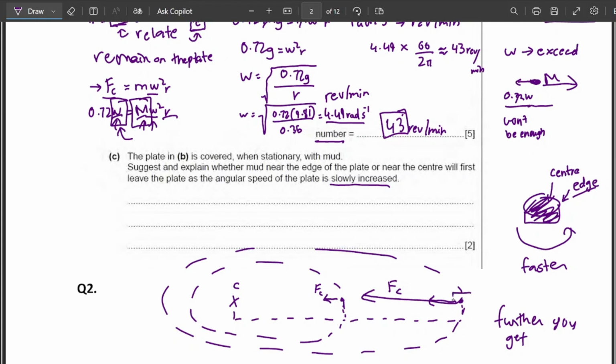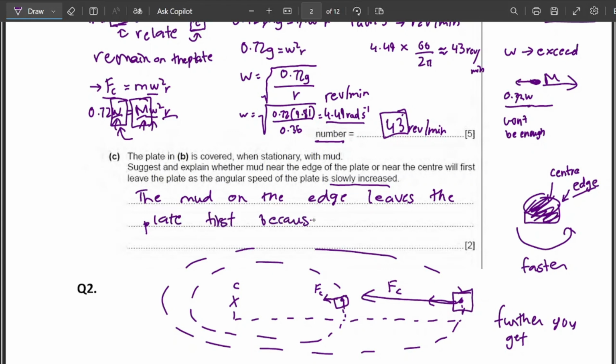So it's more likely for this mass to fall off first, because it requires a much larger force than this mass. So the answer is the mud on the edge leaves the plate first, because it requires a much greater centripetal force than the mass at the center.